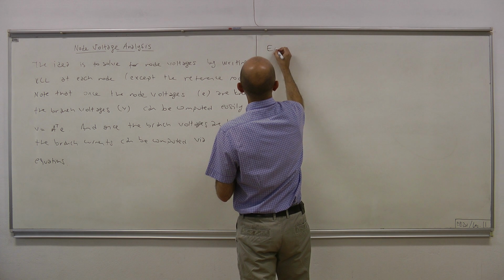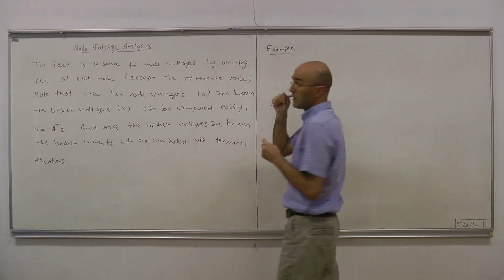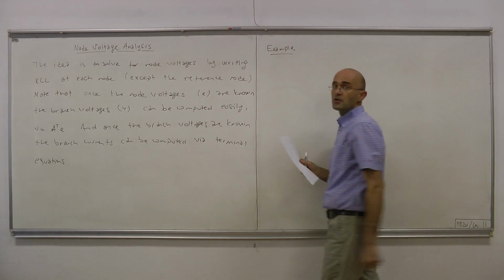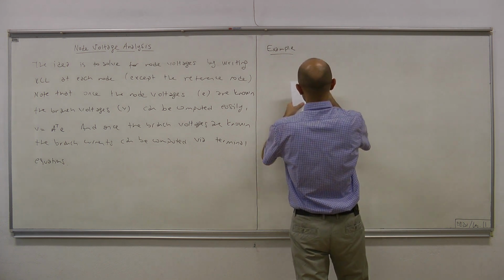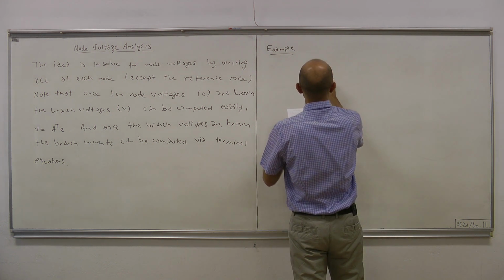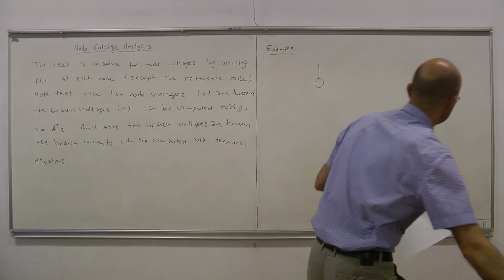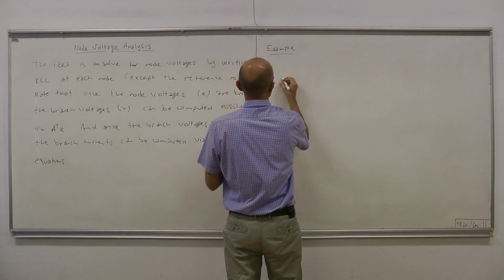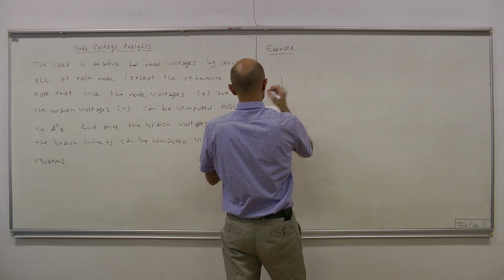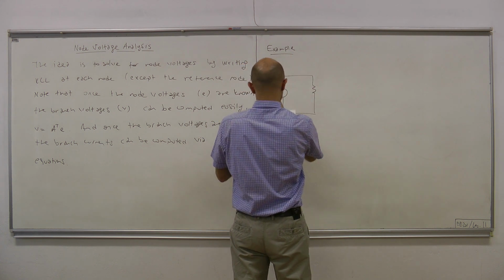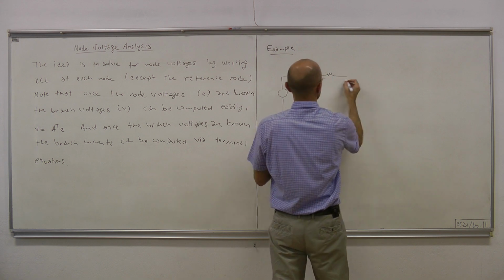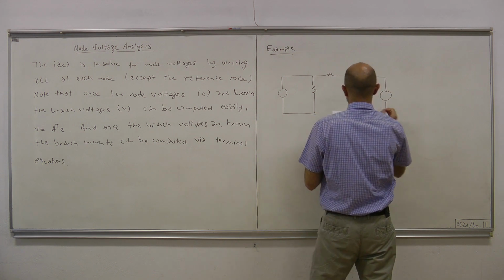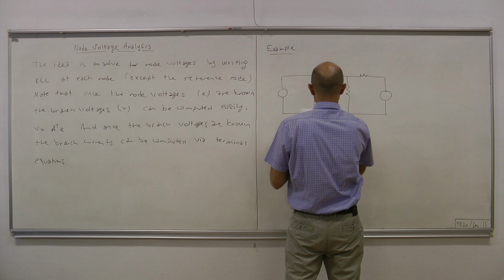Here is our first example, where we're given a circuit, and we will try to formulate the circuit in terms of node voltages. Suppose the circuit we're given is this. We have a current source, a resistor, another resistor, another resistor, another resistor, and another current source.